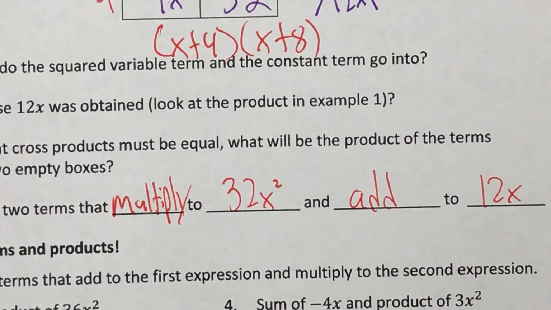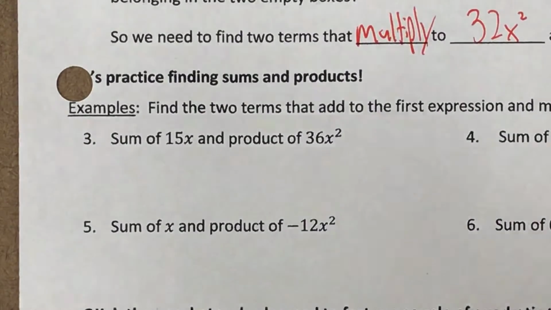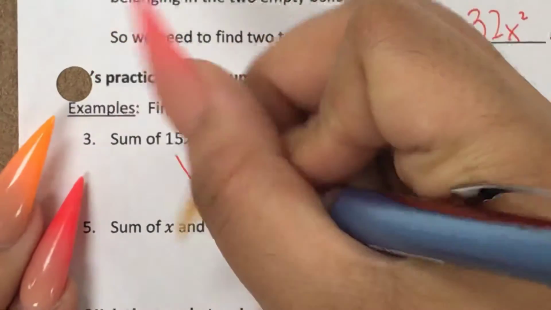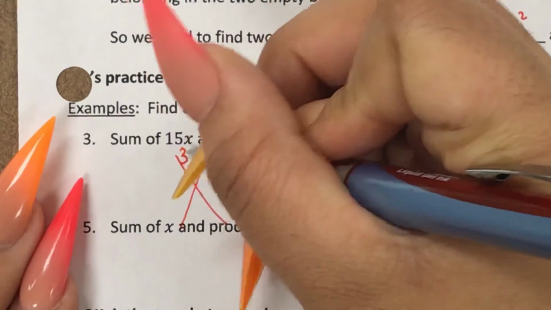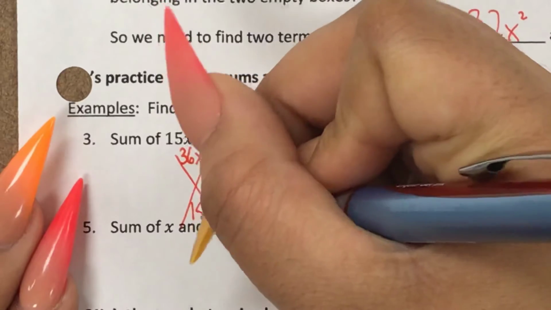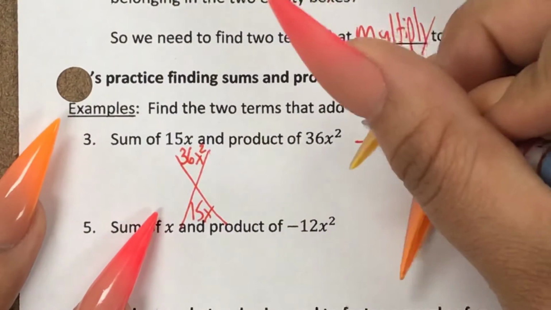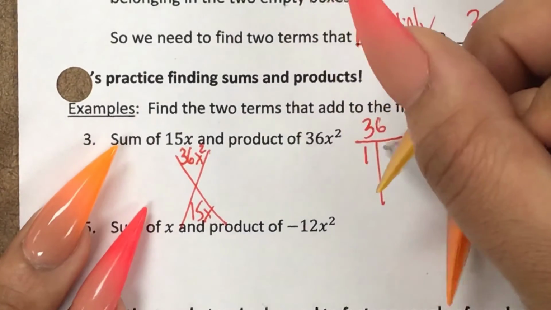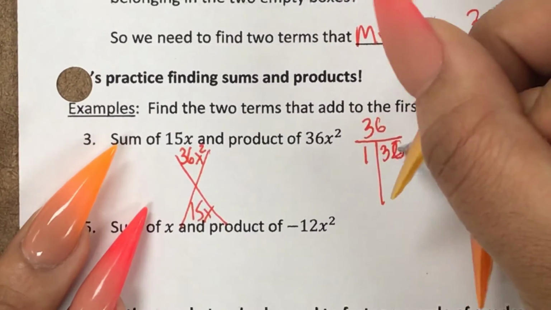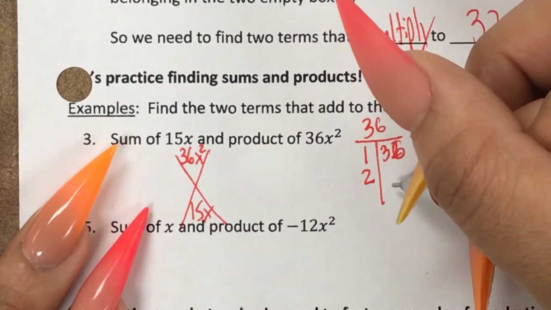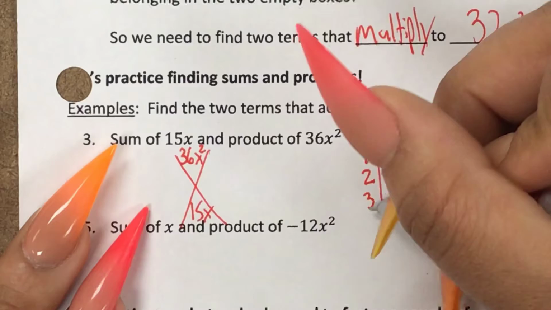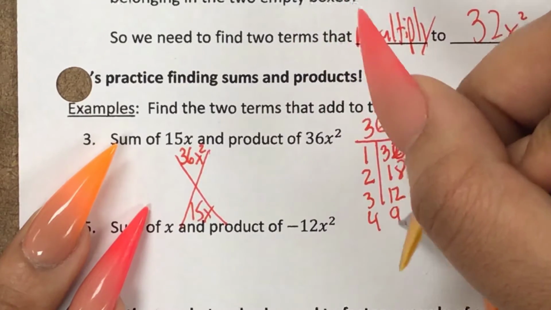Let's do some examples finding the sum and the product. Okay, the sum of 15 and the product of 36. So what multiplies to get 36x squared but adds to get 15x? We're going to find the factors of 36. 1 and 36. 2 and 18. 3 and 12. 4 and 9.